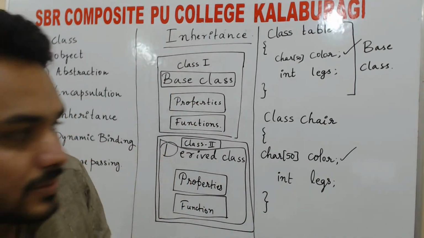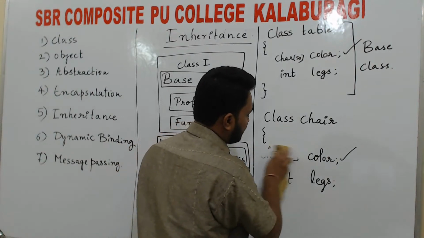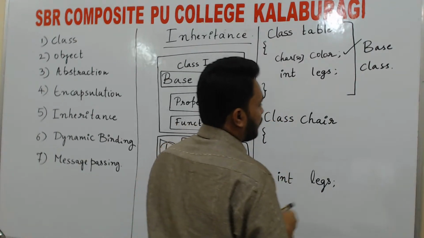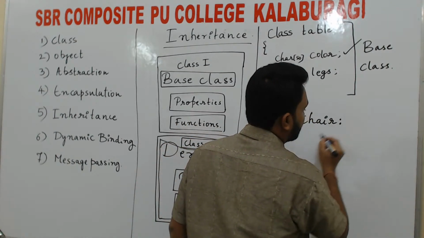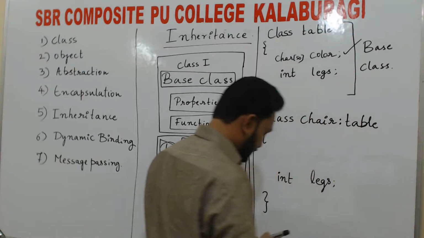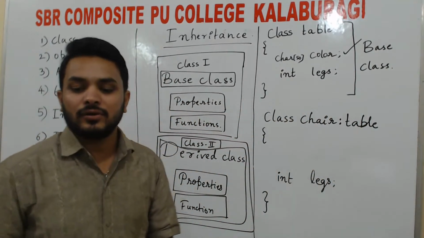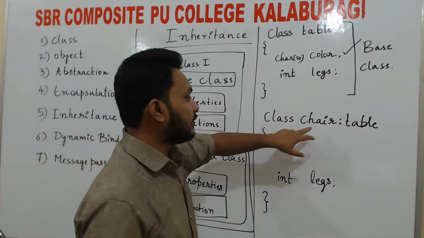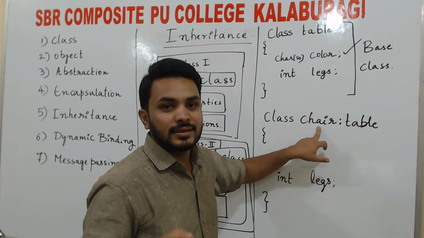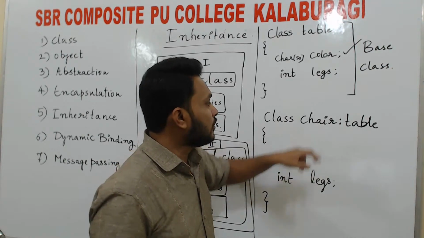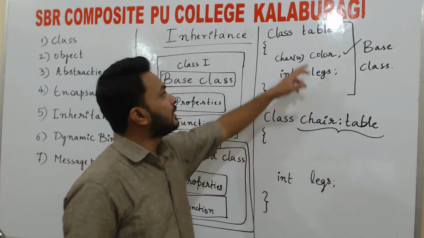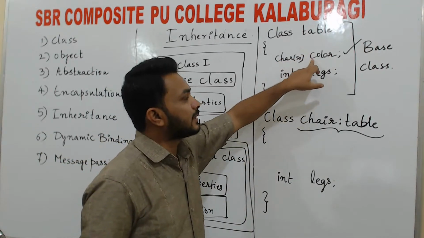How will we write inheritance? Simply erase this color in the chair class. You are just putting two dots here, followed by the table class. That's it. This is the concept of inheritance. You are taking the table as a base class and the chair as a derived class. By writing this, it explains that the table has the color property.